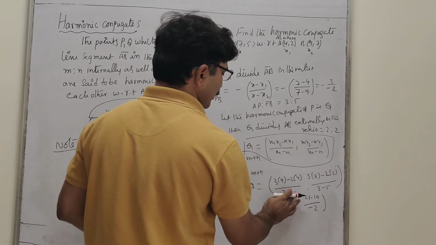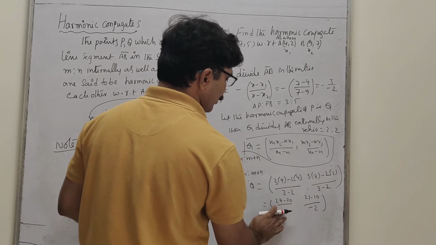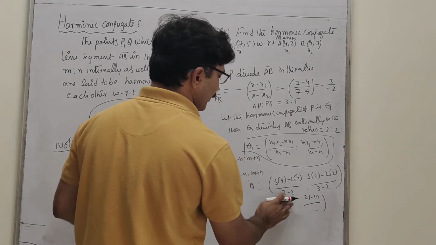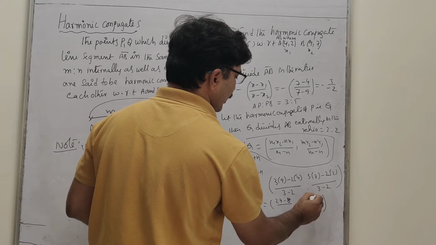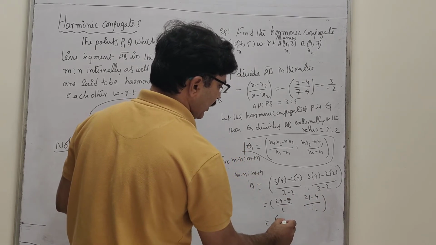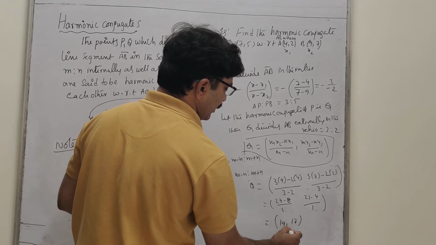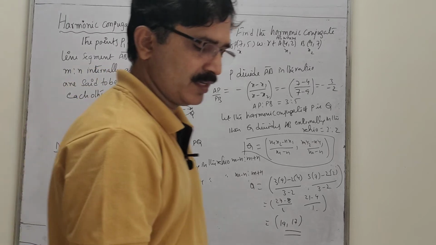Sorry guys, here it is 2. So if it is 2, we are getting something a little different. This is 8 and this is 4. 3 minus 2 is 1, and then finally we are getting (19, 17) as the answer for the conjugate. We find it like this.